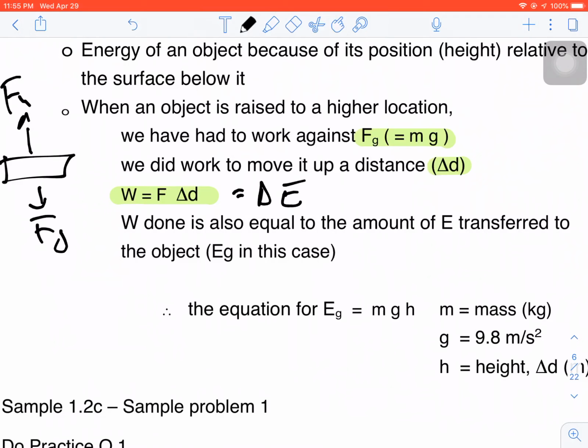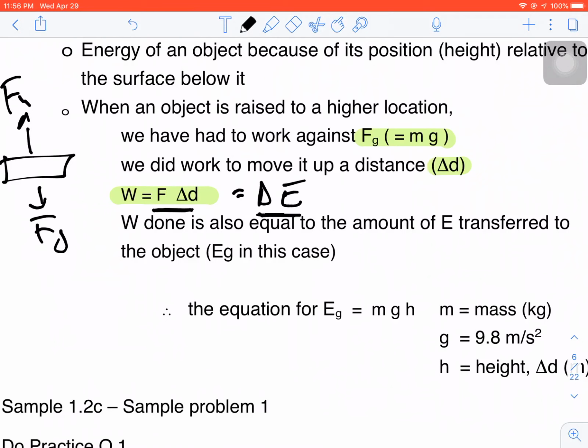So when I apply a force and move it a distance delta D, I transfer energy to or from the object. In this case, the force is in the same direction as the displacement, so the energy is positive. If it started with 0, the final energy at the end is going to be F delta D.